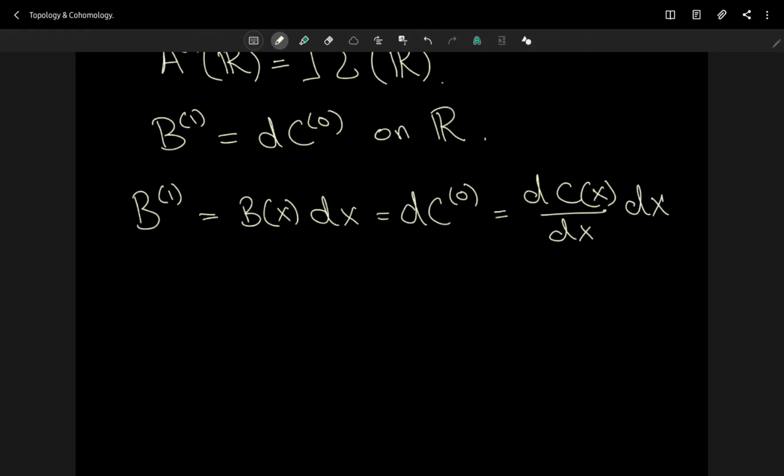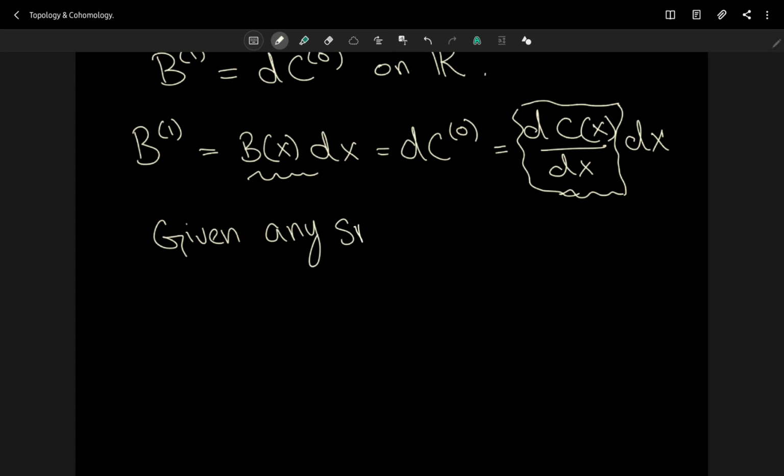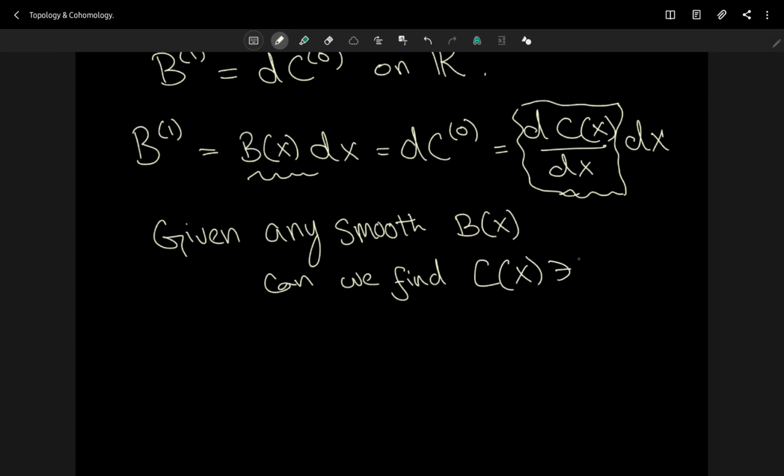Now the question I'm asking is: given any smooth b of x, can we find a c of x such that b of x is equal to dc of x over dx?